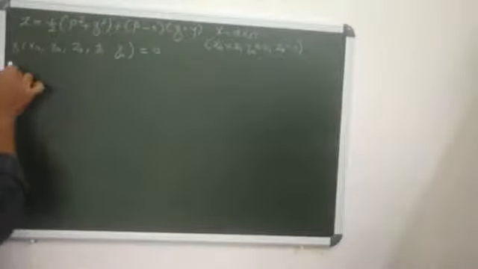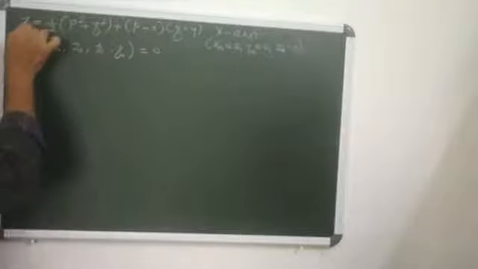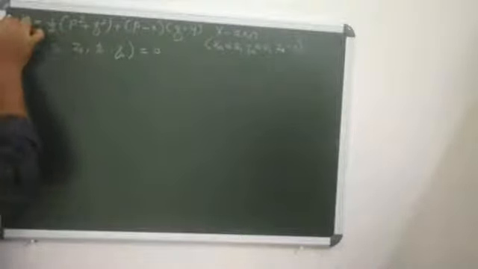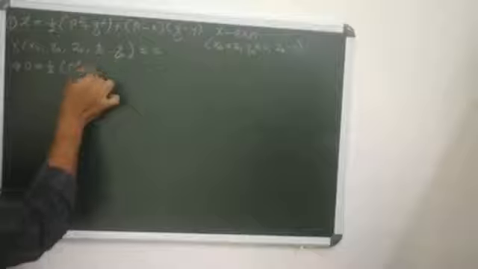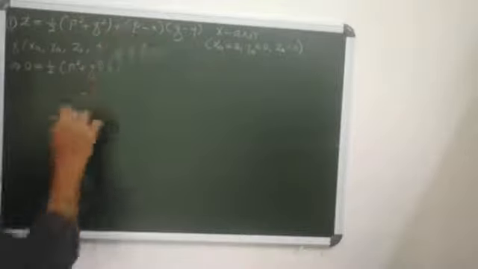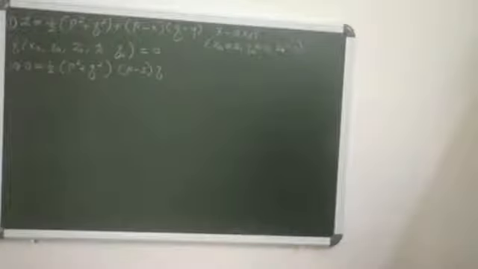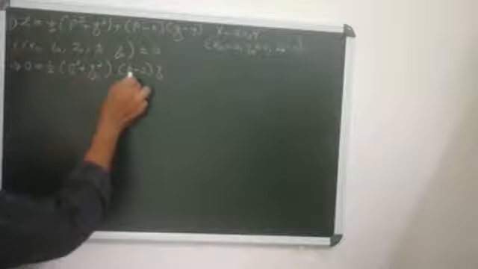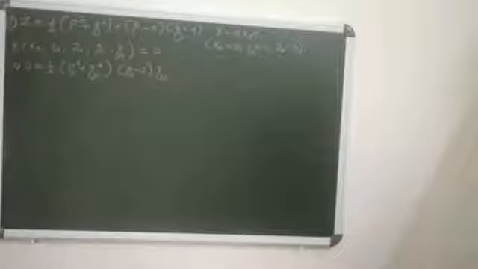Here z_0 equals 0, so the given equation becomes 0 equals half of (p_0 square plus q_0 square) plus (p_0 minus s) into q_0, since y_0 also equals 0. This is equation 2.